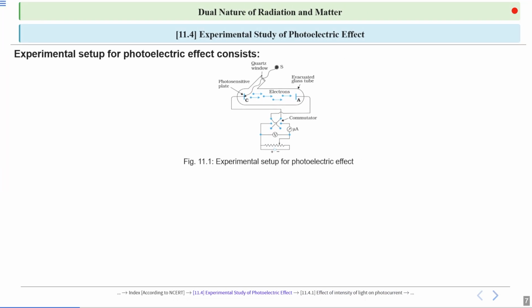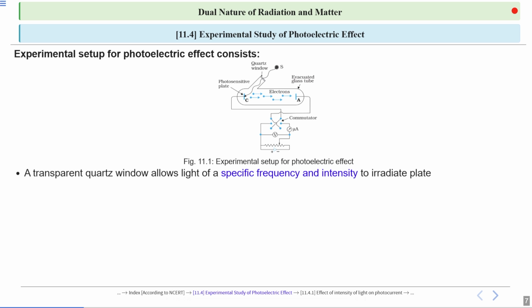So, now focus on the transparent quartz window in the setup. This window is important because it lets in light of a specific frequency and intensity to shine directly onto plate C. The frequency of the light determines whether electrons will be emitted, and the intensity affects how many electrons are released.